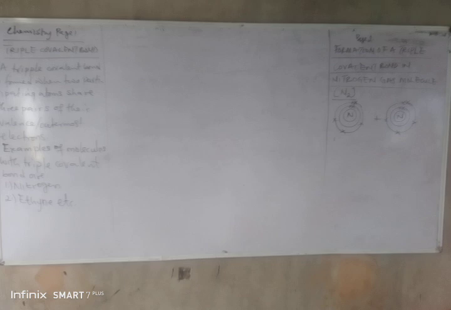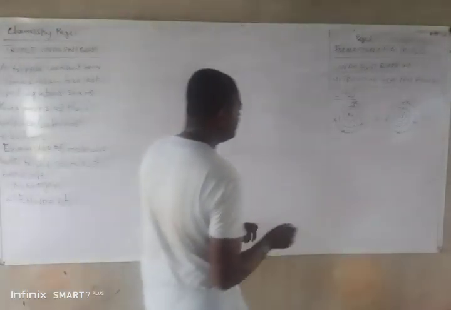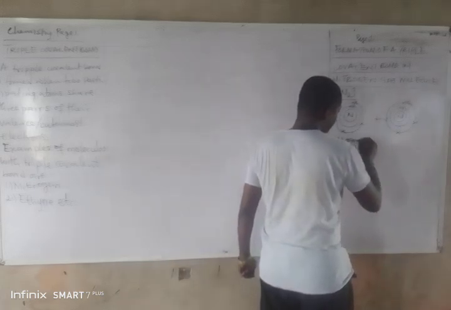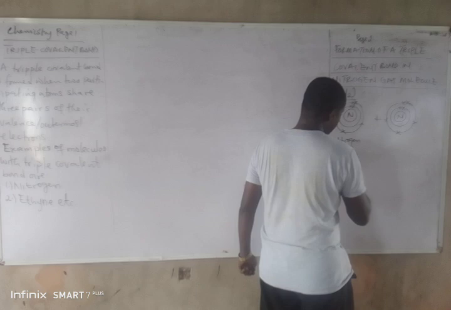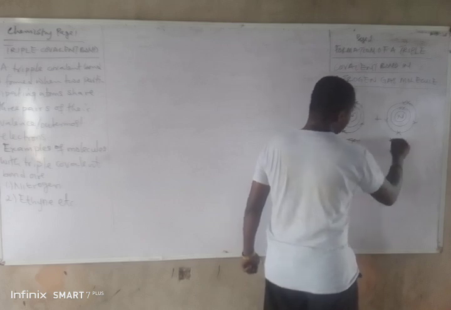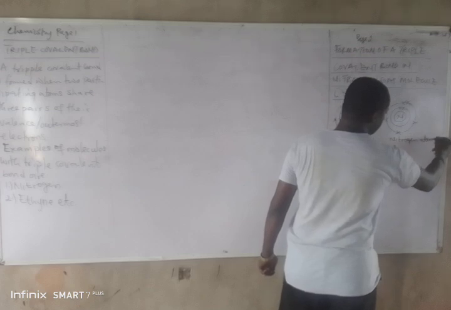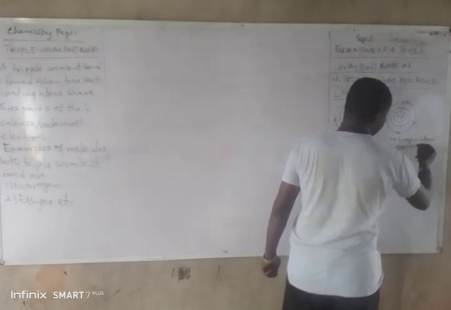So now we have this nitrogen atom, which is 2:5, and this is another nitrogen atom, which is another 2:5.